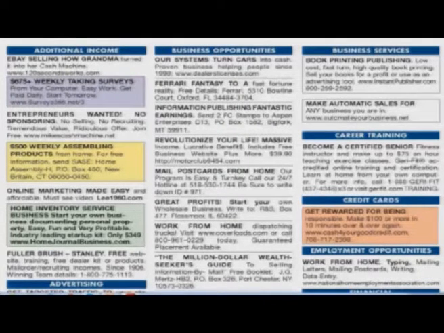As you can see here, different ads are categorized under different headings and subheadings. For example, additional income, then you have advertising, business opportunities, business services, career training, and so on.